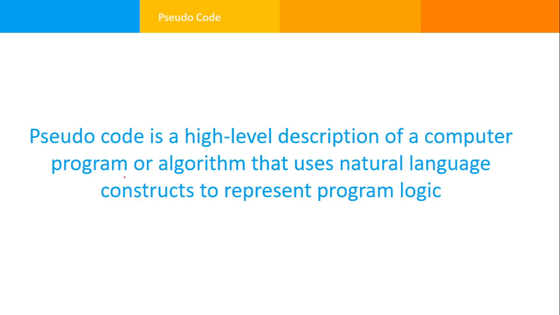But that program logic can be represented in a high level construct, where we say, okay, for the program to work, first of all accept user input. So let's say allow the user to enter their date of birth.